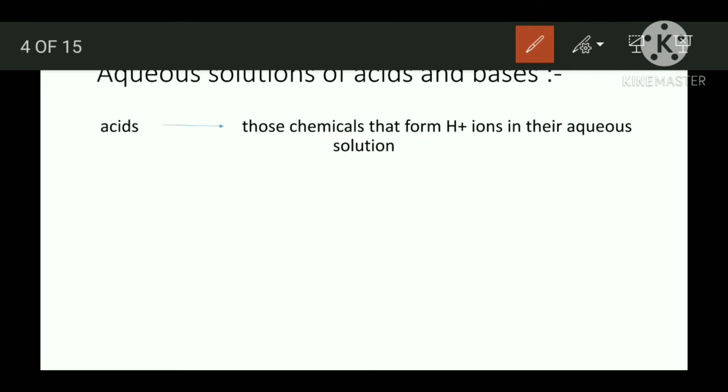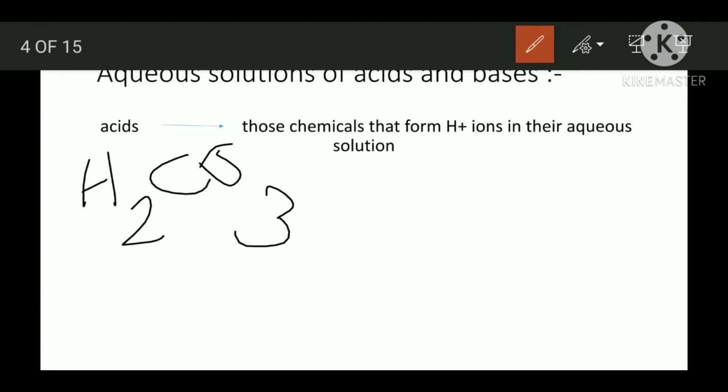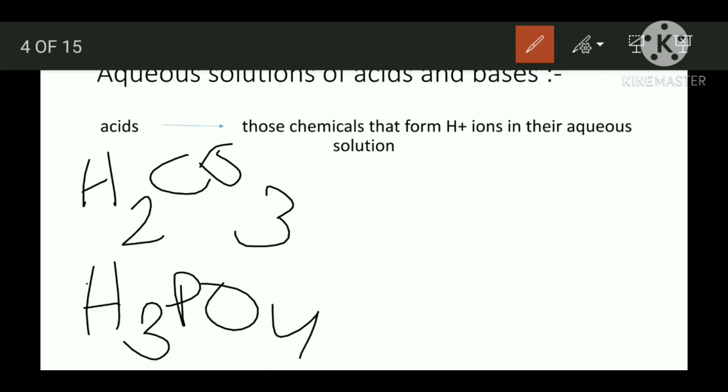And I gave you another example of H2CO3 dissolving in water and H3PO4 dissolving in water. Here, these two are mild acids. Mild acids are those acids which form less H plus ions in their aqueous solution.